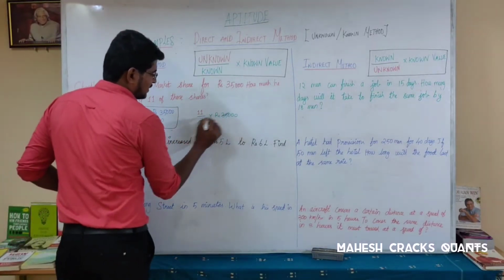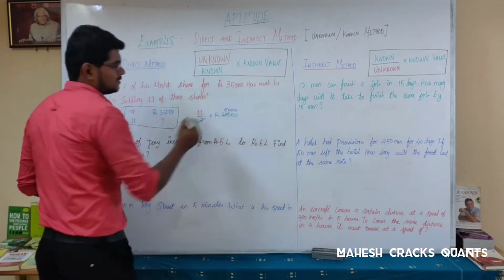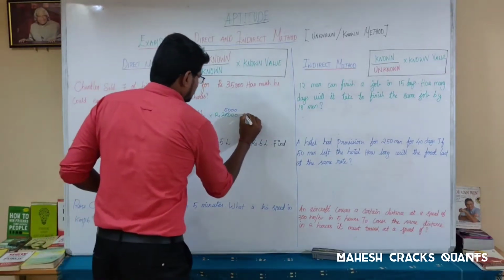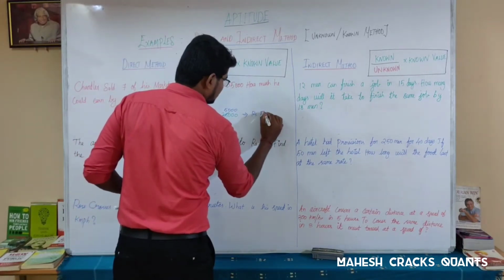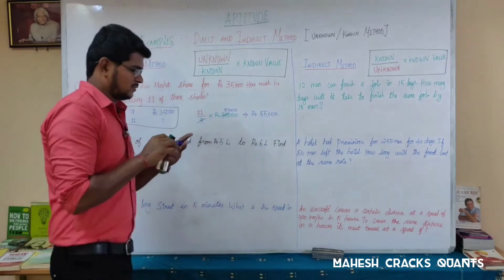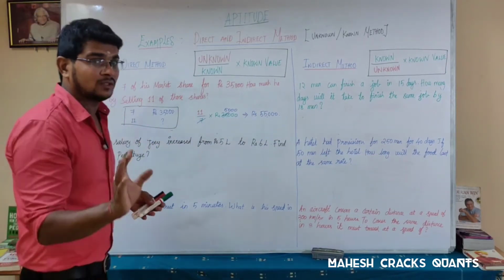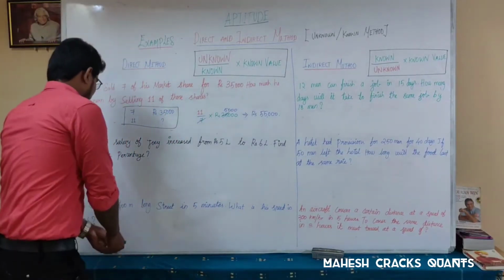Cancelling this, 5 times 7 is 35, so we get 5,000. So the total amount is 11 into 5,000, which is 55,000. That's it. The answer is 55,000. If Chandler sold 11 shares, then he might have got 55,000. Got it? Okay, let's move to the next one.